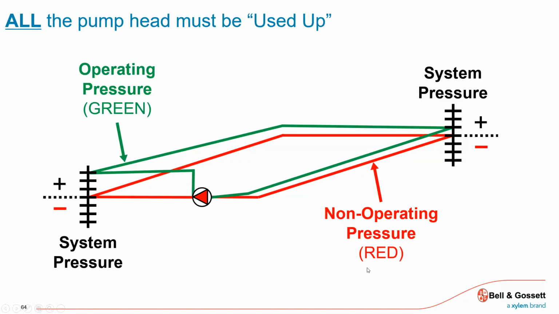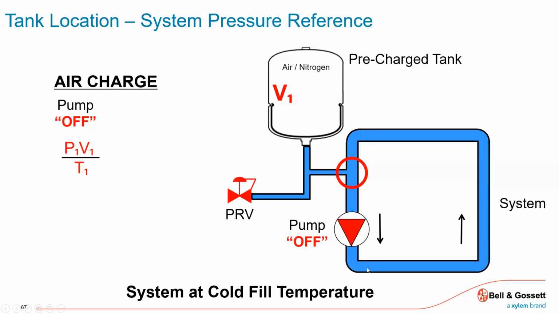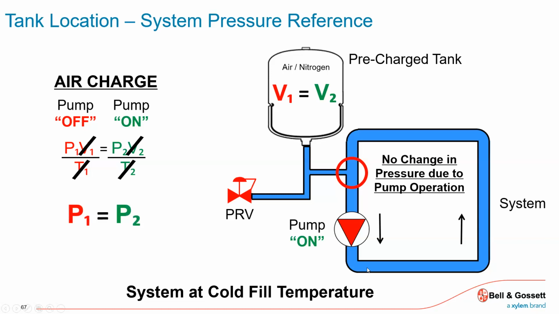There's no drop. So V1 equals V2. There's been no change of air. There's no change in pressure. P1 is equal to P2. No change in pressure due to pump operation.